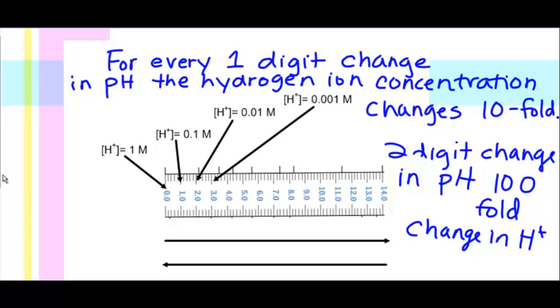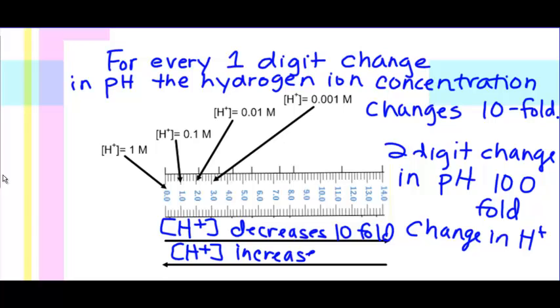Now, how does it change? It depends on if you're going up or down the scale. If you're going up the scale, it goes down tenfold. So you divide by 10 each time. We'll say hydrogen ion concentration H+ decreases tenfold. If you're going down in pH, the hydrogen ion concentration increases 10-fold for every 1-digit change in pH.